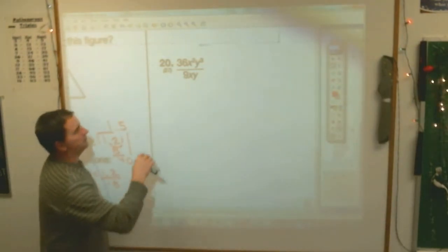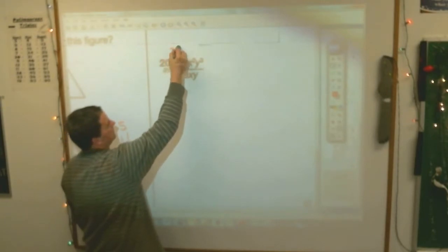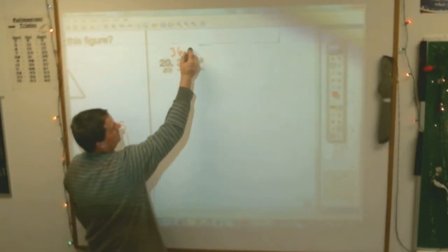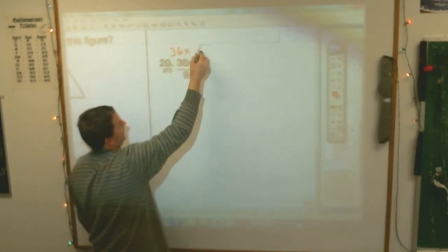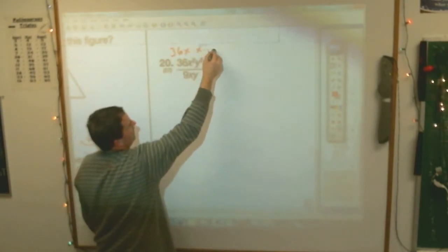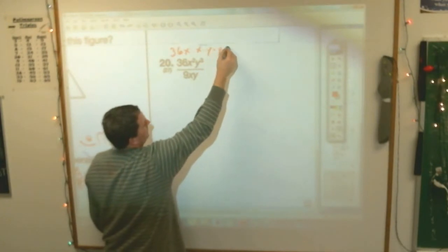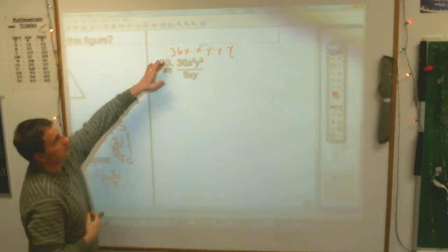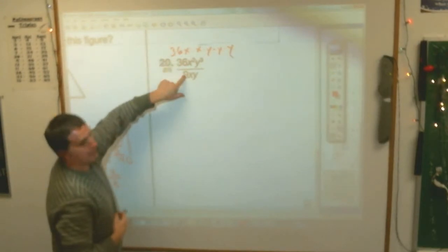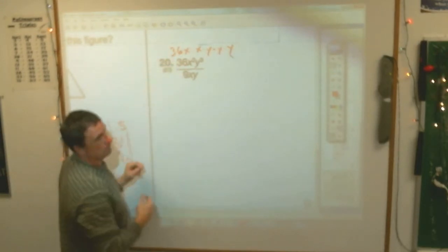Maybe it would help you if you wrote the top of it out like this. This is 36. X squared is x times x, and y cubed is 3 y's times themselves. So if you're looking at this divided by this, how many times is 9 going into 36? 4 times.